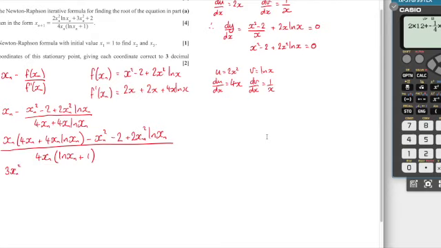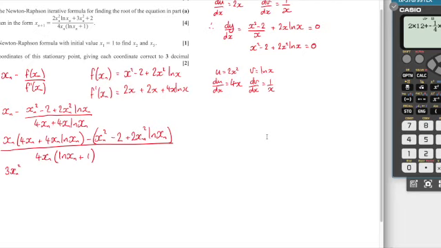I'm going to have plus 4xn squared ln xn, and then I'm going to have minus, because I really should have a bracket around all that, minus 2xn squared ln xn.